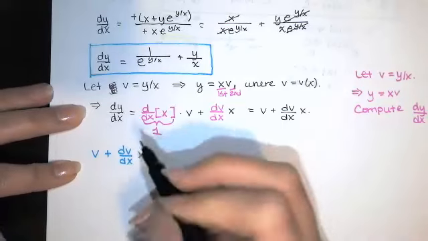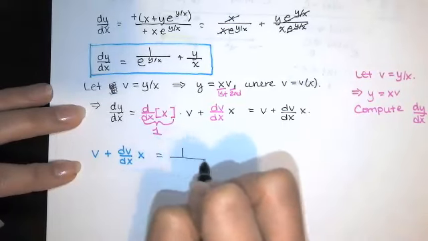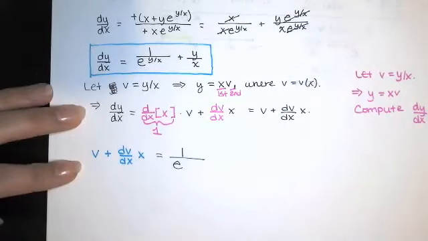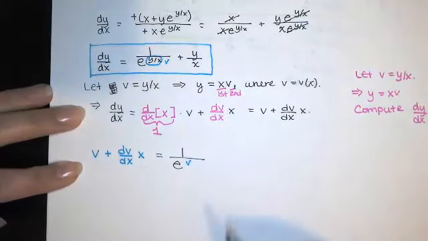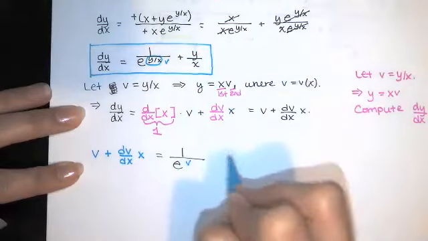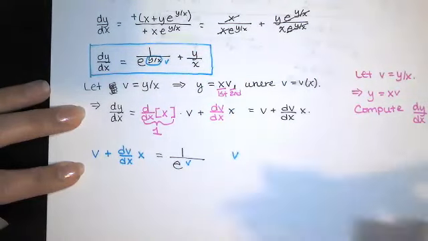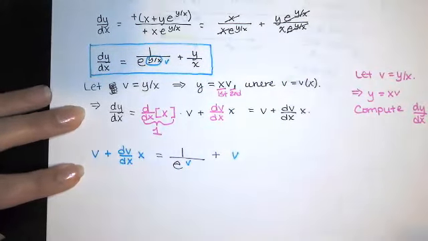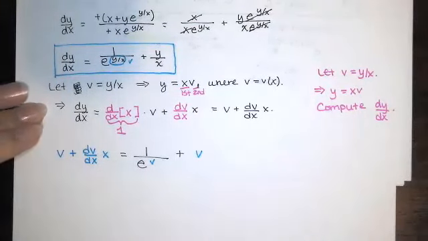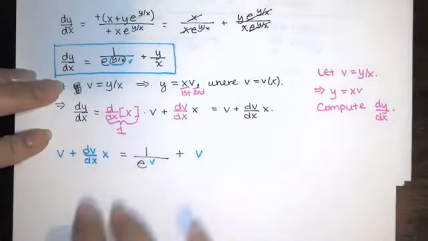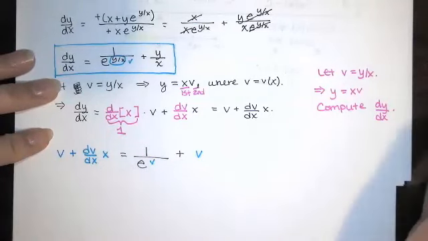And then the right-hand side is 1 over e raised to the v, and y over x is v by design. So we make our substitution, we do some calculations so that we can get dy dx in terms of v and x, and then we substitute.